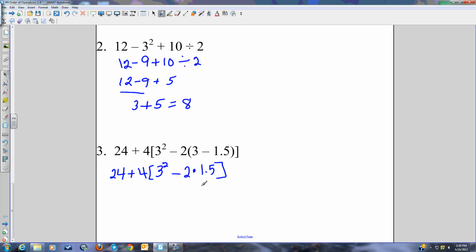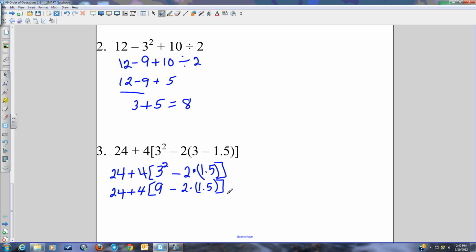These brackets are parentheses. So inside we have exponents, subtraction, and multiplication. So let's do the exponents first. We have 9 minus 2 times... I'm going to put these in parentheses, actually, so we don't get that decimal mixed up with the multiplication symbol. So we're still inside those brackets.